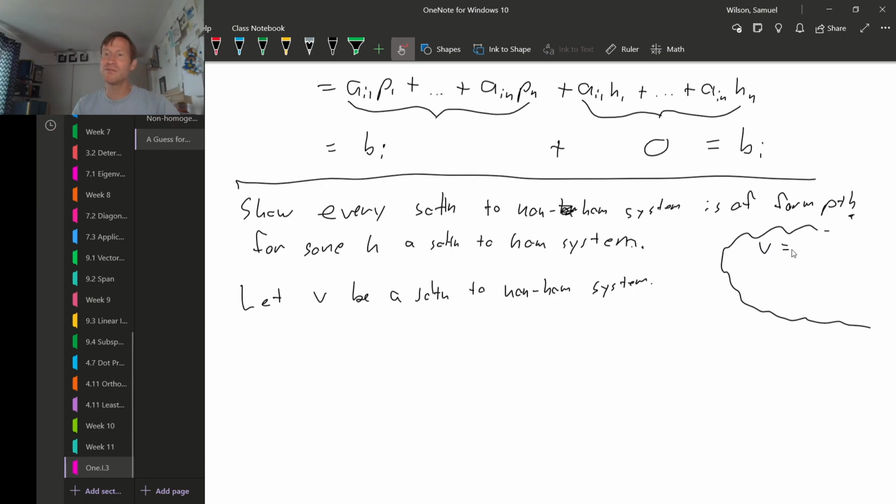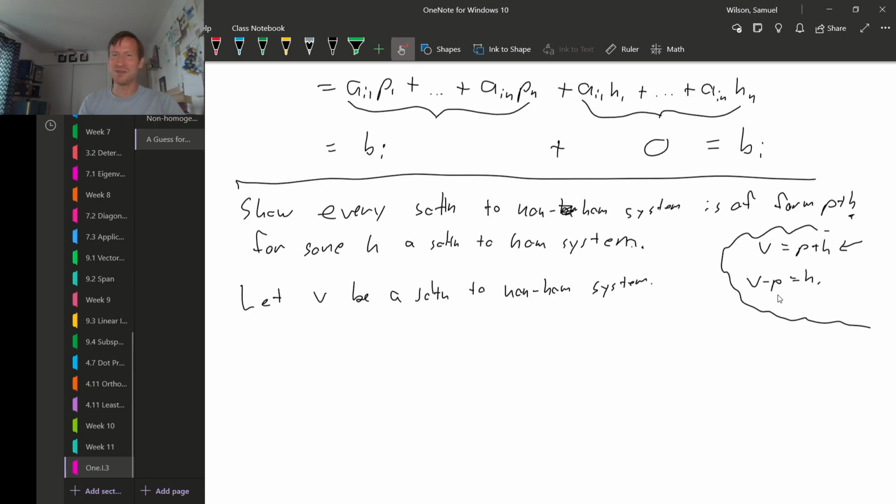We're hoping that v is really p plus h. We don't know what h is at the moment. That's the problem. But if v really is p plus h, that means v minus p is h. So, right, this is what we're hoping is true. But if that's true, v minus p should be the h that we're looking for. So maybe what we should do is think about v minus p.